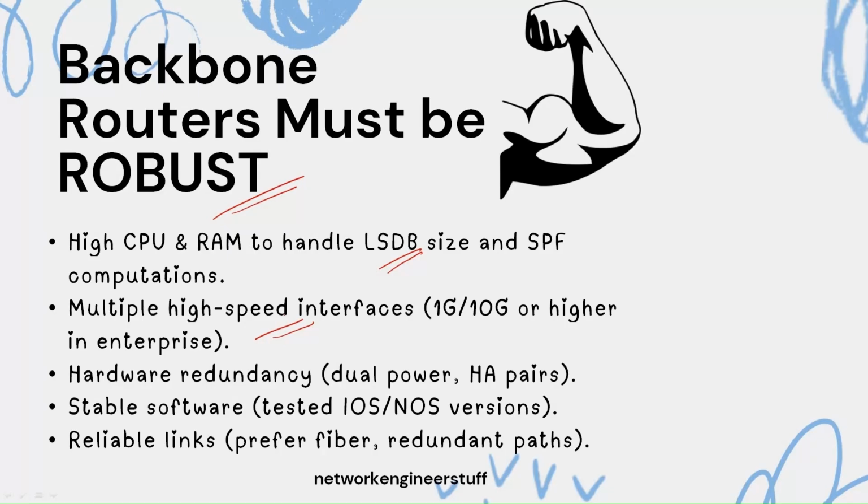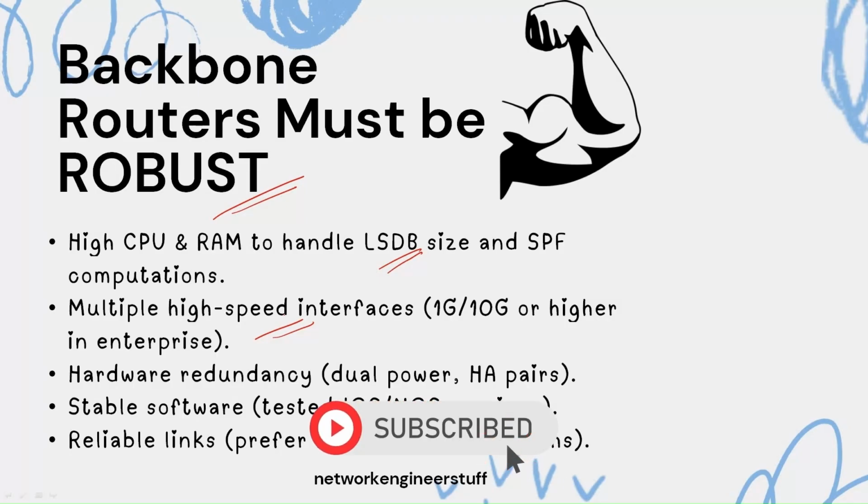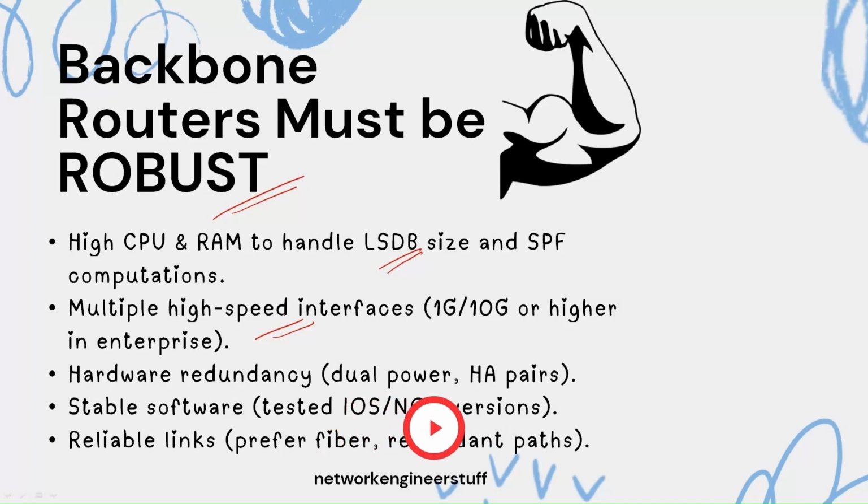The links should be reliable. You can't have links which are continuously flapping in the backbone area. So the links should be reliable and they should have redundant paths. I have written here that it should be fiber links, because of the many advantages of fiber.